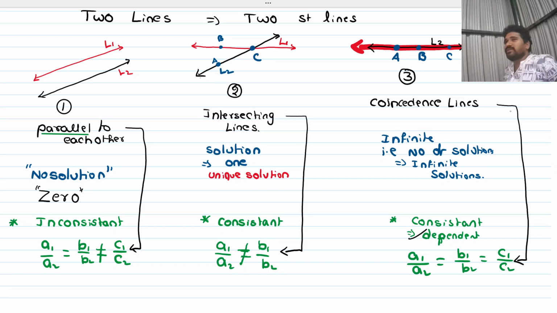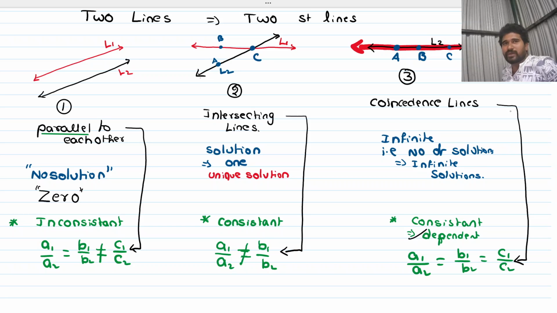If I say consistent, you can take any one of them, no problem. But preferably, you take intersecting lines. Now, unique solution, which case will have it? Intersecting lines. Everybody okay?